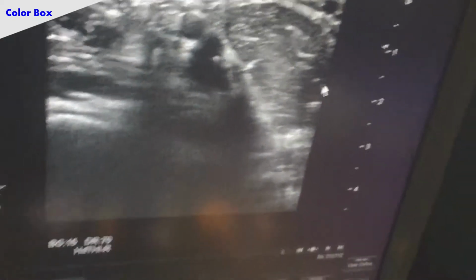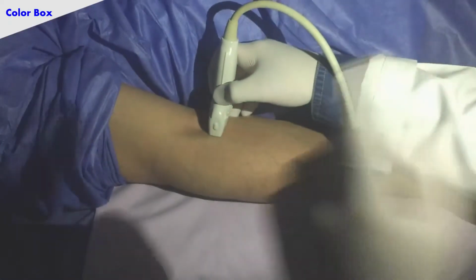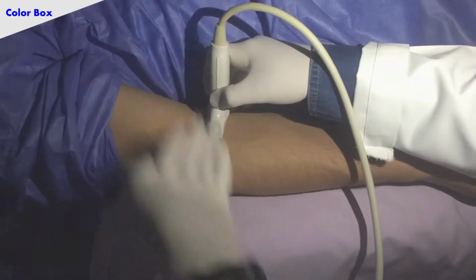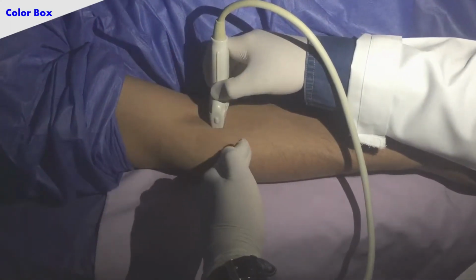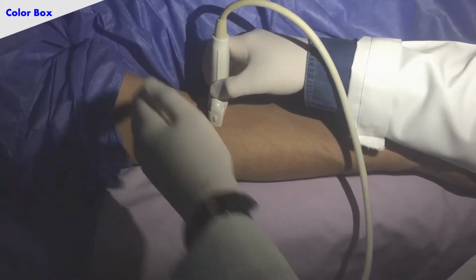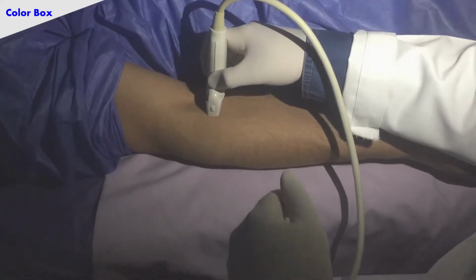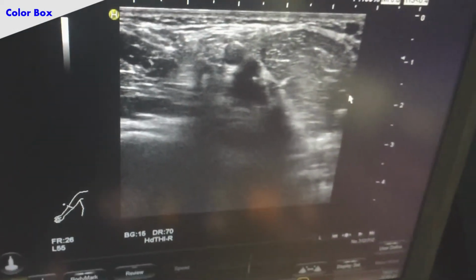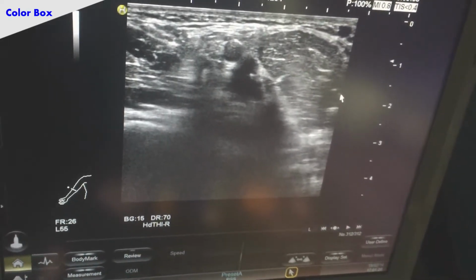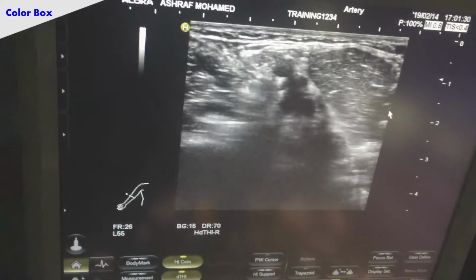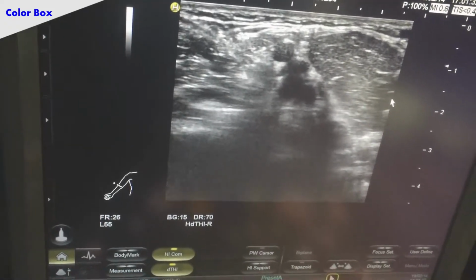According to my hand position, the probe is from anterior, it cuts transverse, this is the lateral, and this is the medial. Okay, and this is the image of that part of the body.